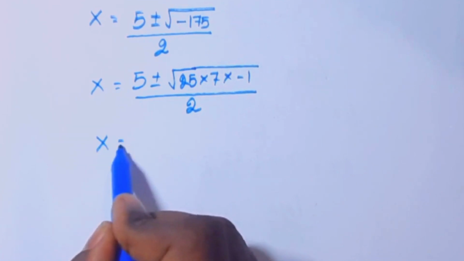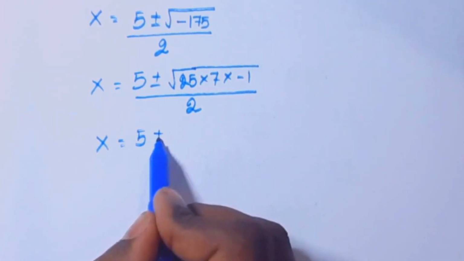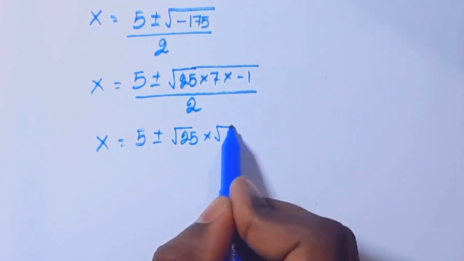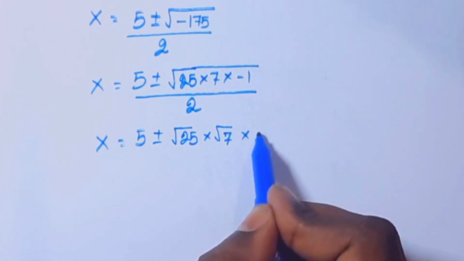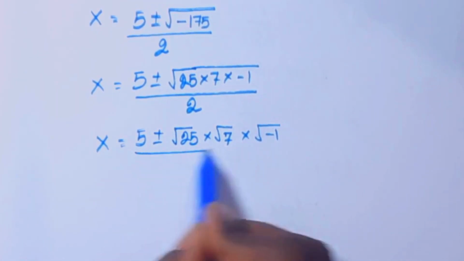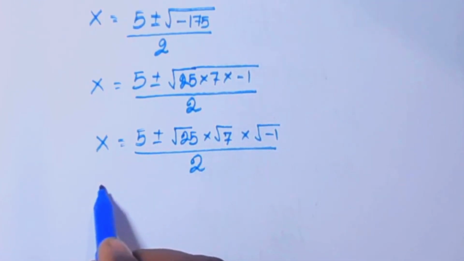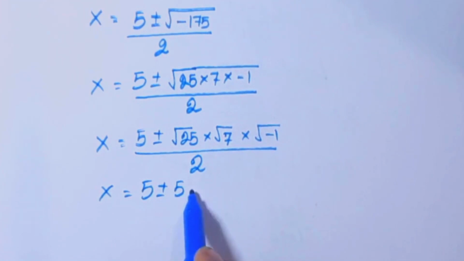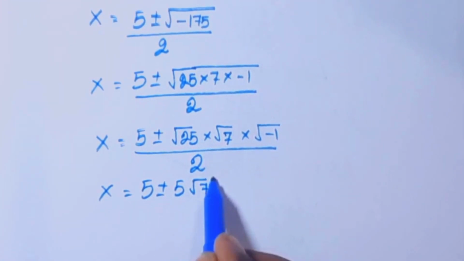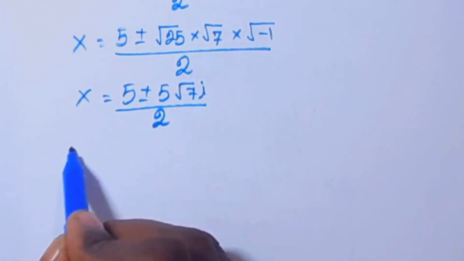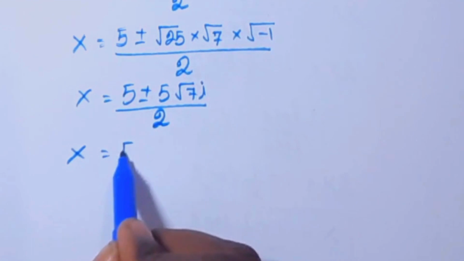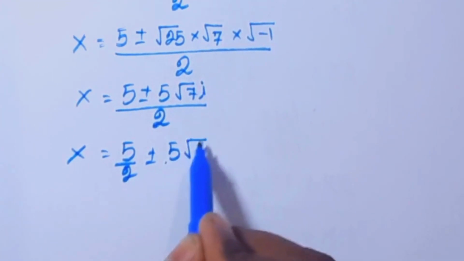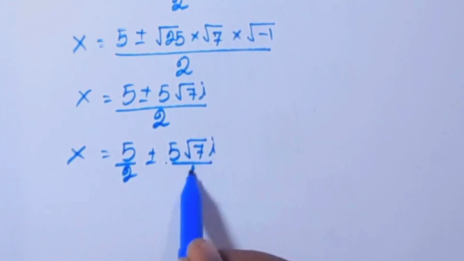So x equal to 5 plus or minus square root of 25 times square root of 7 times square root of minus 1, by 2. Now x equal to 5 plus or minus 5 square root of 7i by 2. Now we have x equal to 5 by 2 plus or minus 5 square root of 7i by 2.